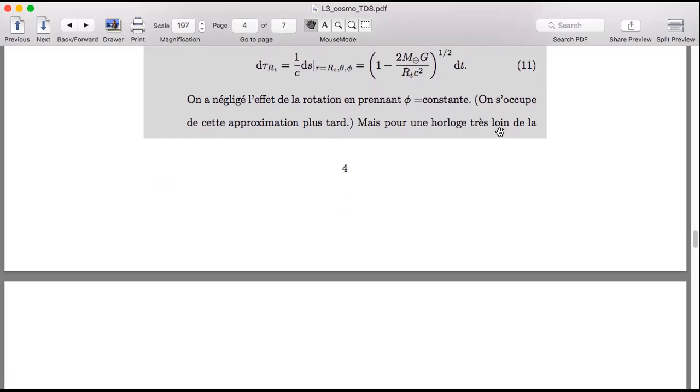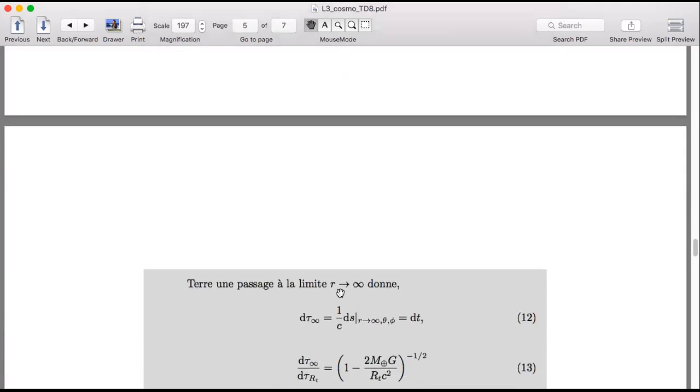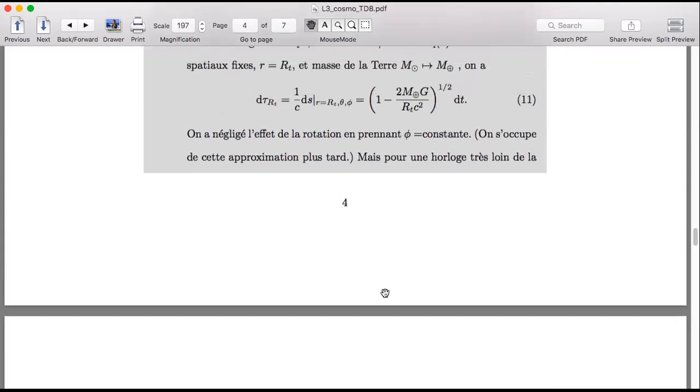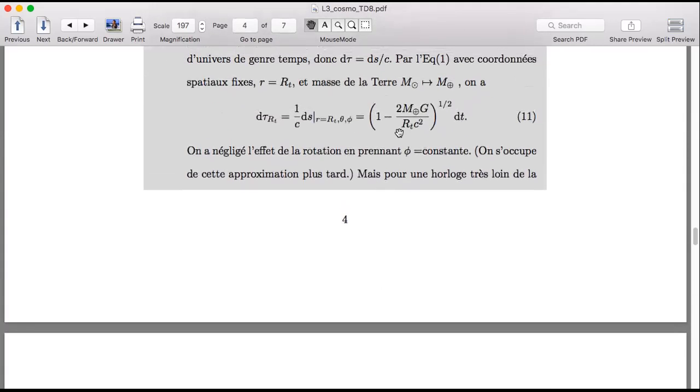So in other words, let's consider a second clock in the same space-time around the Earth, but very far from the Earth. So let's just take R to tend towards infinity here. I can use the same formula. I just let R go to infinity, but then this term goes to 0, and I just have 1 as the metric coefficient between the proper time and coordinate time.